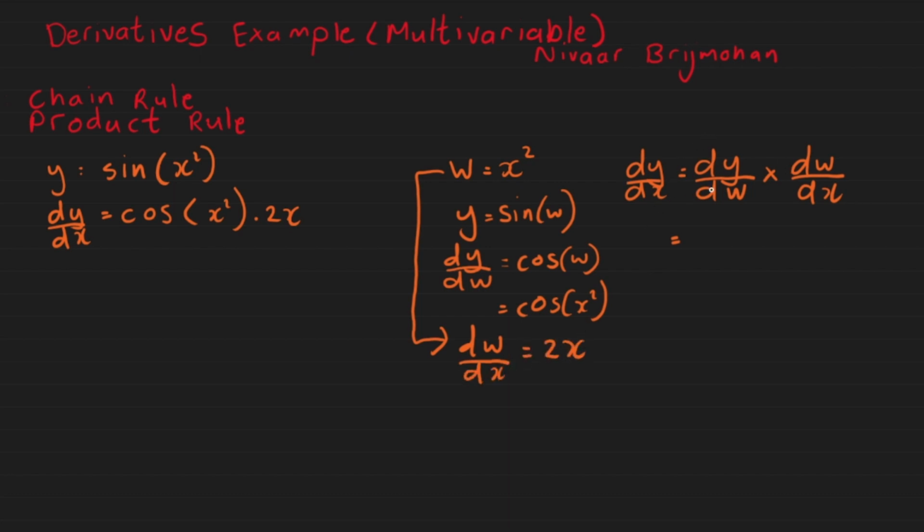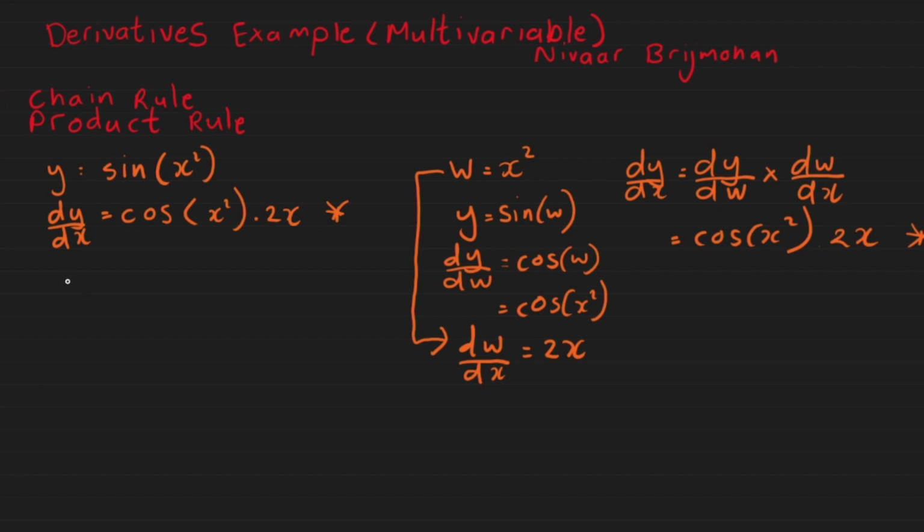So applying this chain rule formula, dy/dw is cos of x squared, and dw/dx is 2x. So we can see how it is the same thing, but it's very simple and easy just to think about it in terms of an outside function and an inside function.